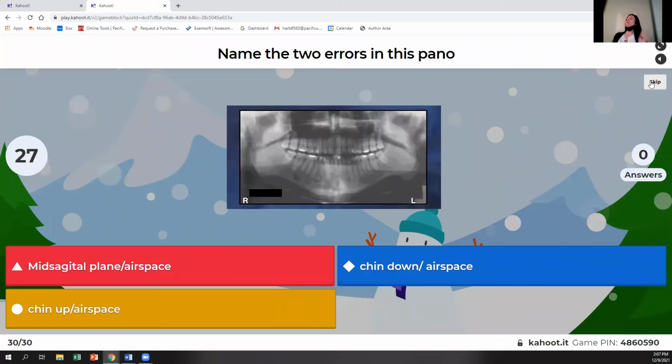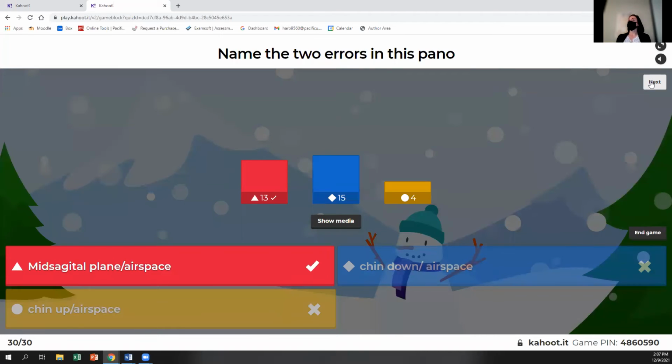Okay. Name the two errors in this pano: mid-sagittal plane, airspace, chin up, airspace, chin down, airspace. Okay, mid-sagittal plane.